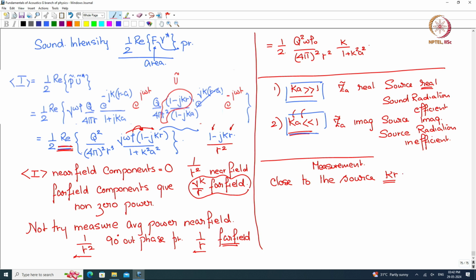Of course, if kr is much greater than 1, it does not matter what ka is. You are outside the source, ka can be small or big. But if kr is much smaller than 1, then ka has to be much smaller than 1. There is no choice. So if kr is much greater than 1, then you are in the far field, and what you will be left with is a particle velocity that is in phase with pressure, and you get accurate measurements.